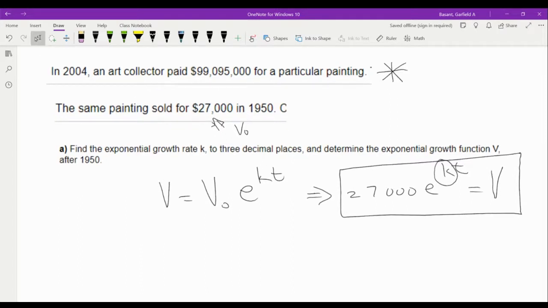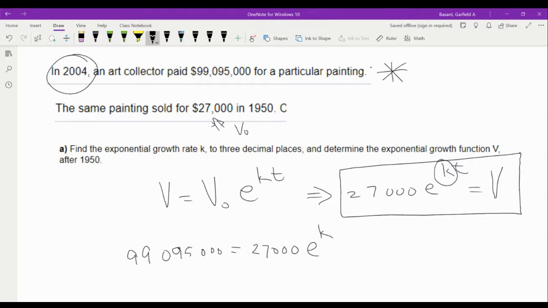They tell us that the value is 99,095,000. And we have e and k, and we can also find t.